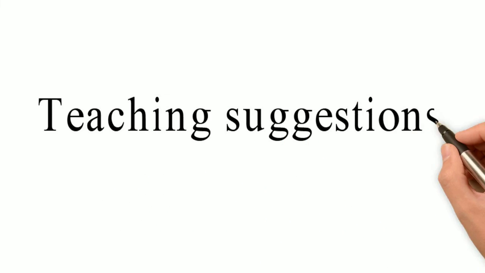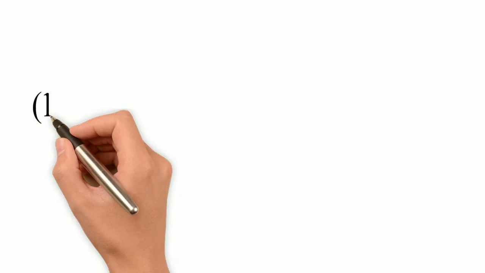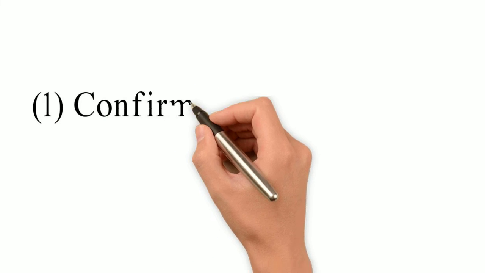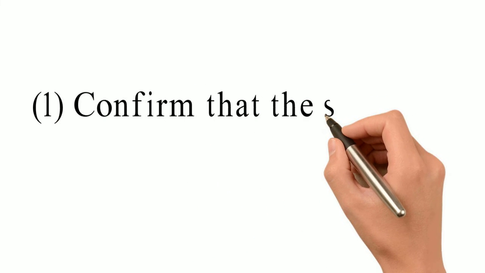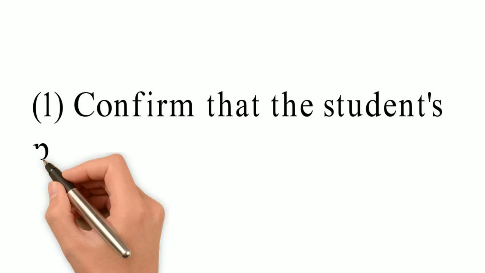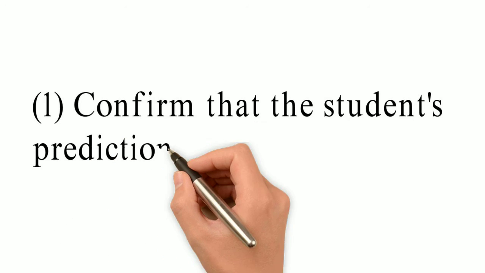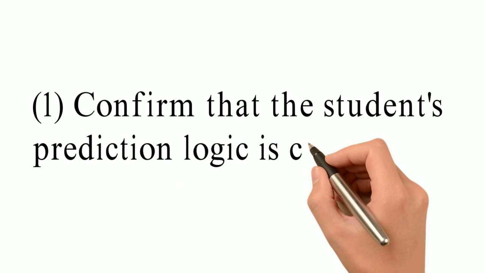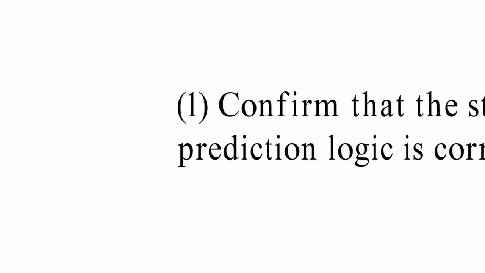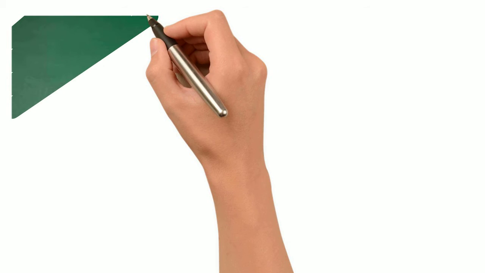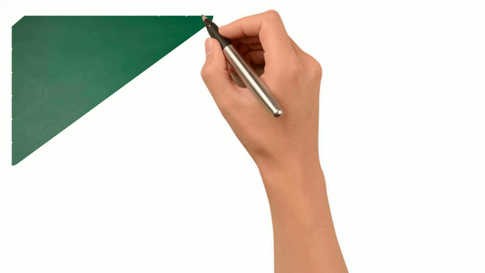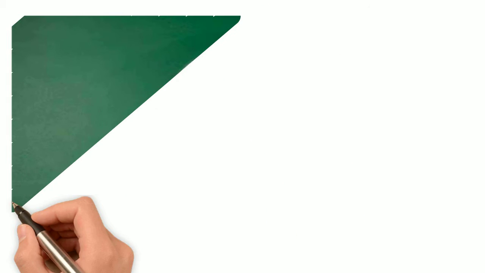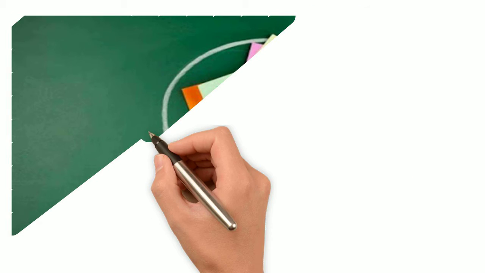First of all, confirm that the student's prediction logic is correct. All the foundations of Google Map forecasting are based on an in-depth understanding of forecasting principles. To be able to complete the problem, the most important thing is the logic of Excel tables, statistics, and analysis.